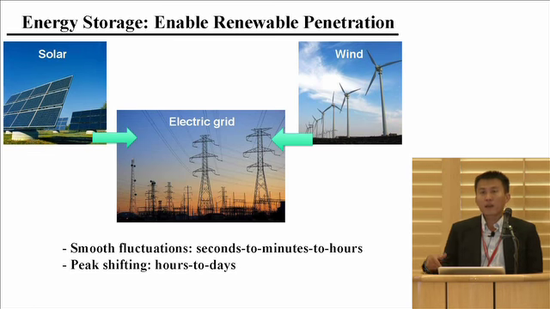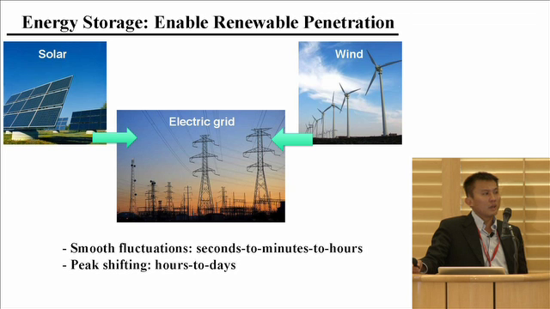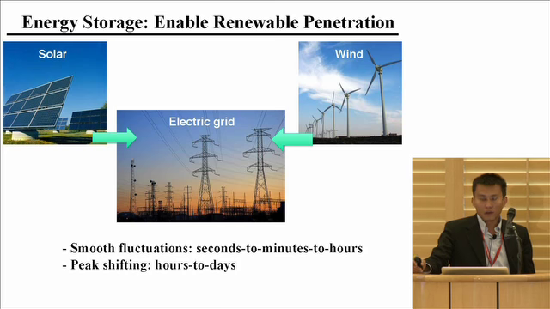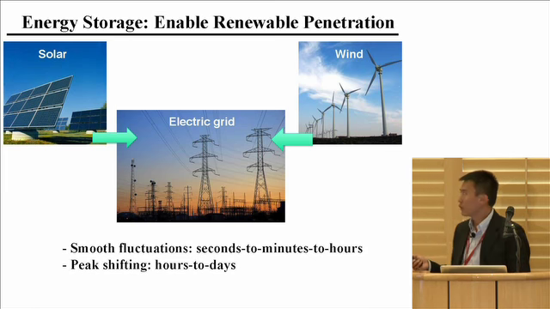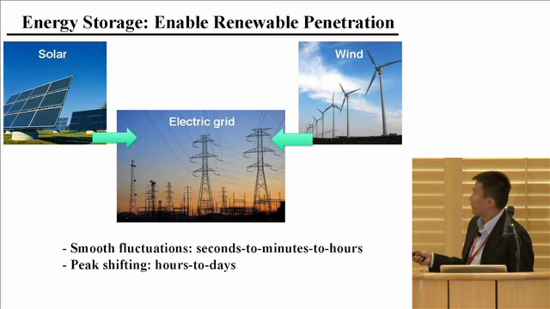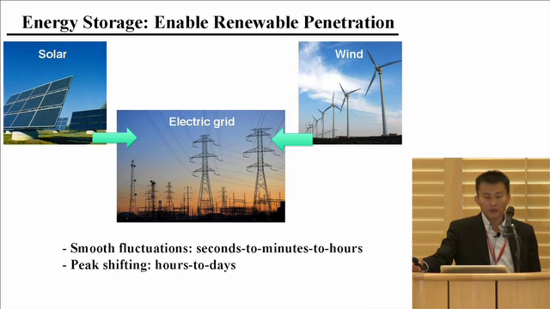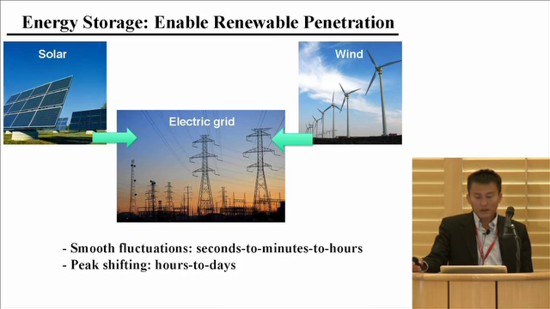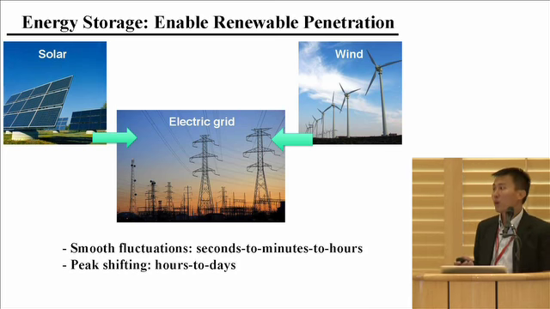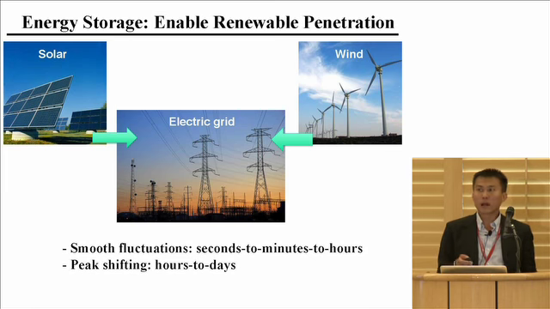So let's look at what we really need. We are talking about energy storage for grid scale. This is because we would really like to integrate wind and solar into the grid. These renewable sources are intermittent, so they create problems for the grid if you want a lot of them.